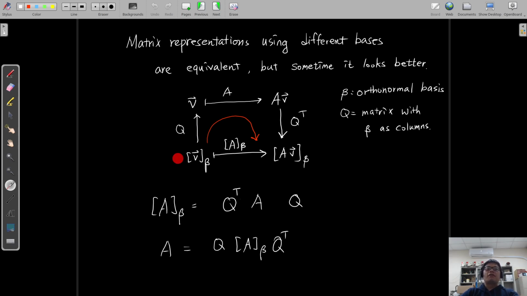From the vector representation to the vector, we multiply by Q. Then we multiply by A to get to AV, and then we use Q transpose to get into the vector representation of AV. So the whole action is Q transpose times A times Q, multiplied from the right-hand side to the left-hand side. So this matrix representation has this form, and equivalently, you can also write it like this.